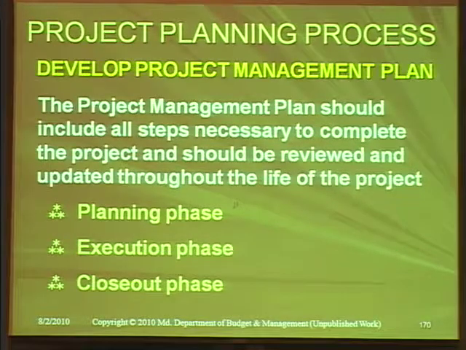Then there's going to be execution. You plan for how you're going to execute whatever it is that you're undertaking under the project, and you plan to close out. I'm saying these generically to begin with, and we'll put more focus from a procurement standpoint very shortly, maybe even the next slide, I'm not sure.